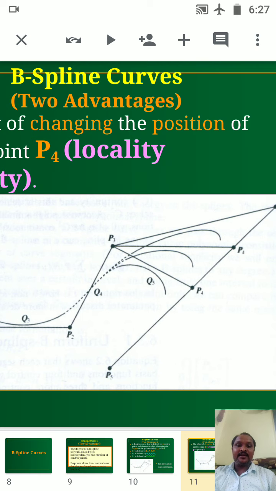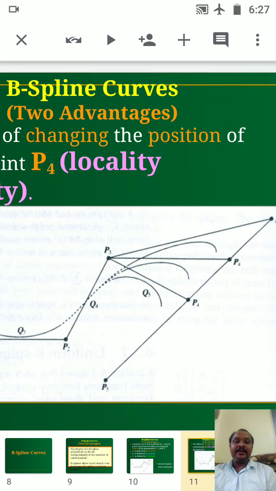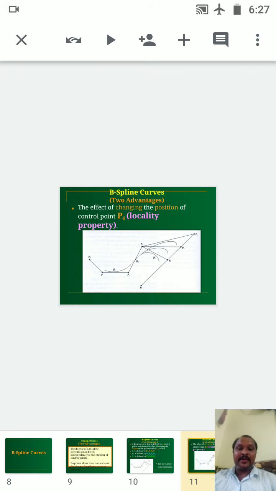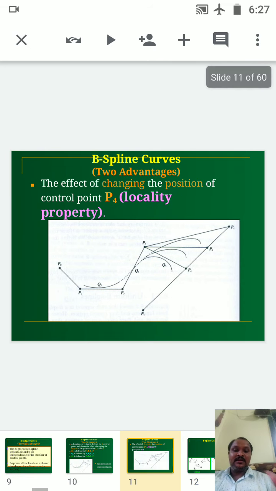That P4 will be considered with the first curve, second curve as well as the third curve also. In the 3 different curve sections we are using the P4 point. That P4 point is called the locality property. So this locality property will give you a very important changing mode in the B-spline curve. Clear?